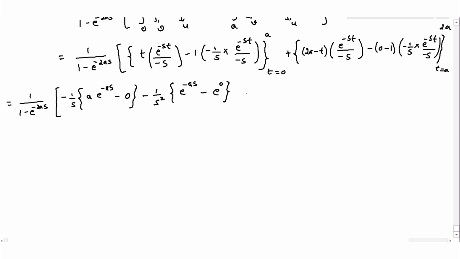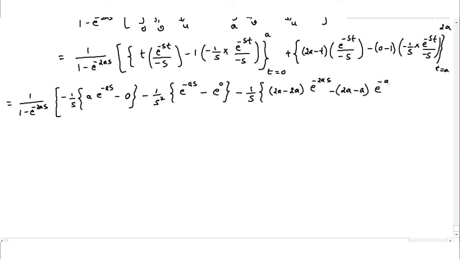Now moving on to the next set of values. So here you have minus 1 by s as common outside, apply the upper limit values. So it is 2a minus t value will be 2a. So upper limit value, however, this will become 0 itself. So I'll just try to rewrite it 2a, yes, upper limit value, minus the lower limit value will be 2a minus of a into e power of minus of as, lower limit value.